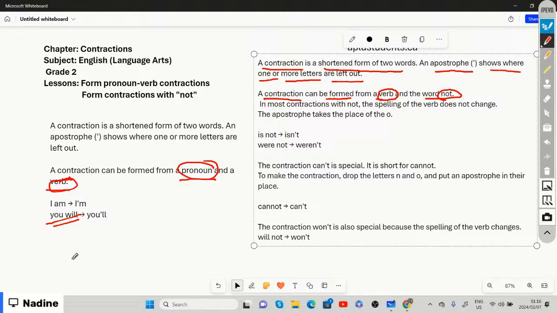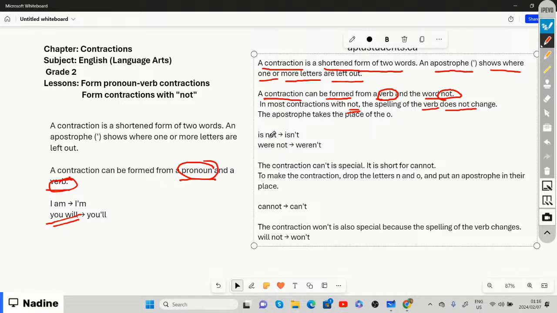And in most of the contractions with the word not, the spelling of the verb does not change, which means that the spelling of the verb is going to stay the same, but we are going to remove the O from the word not. And then once we remove the O from the word not, then we are going to put an apostrophe in the place of the O that we're going to remove.